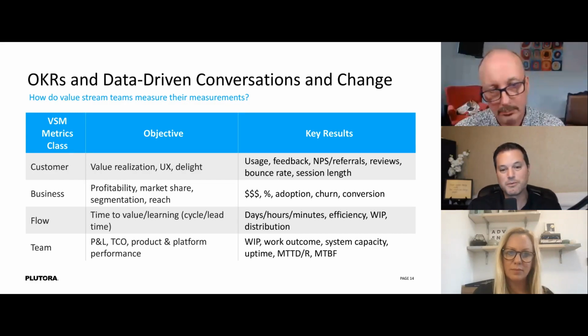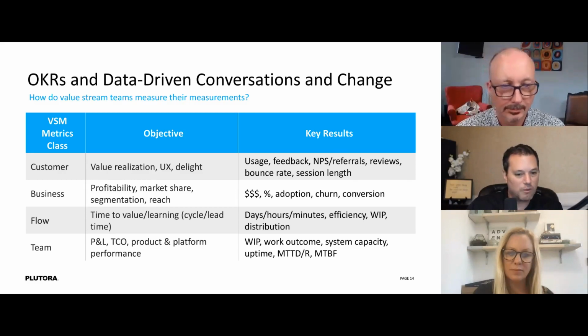How long does it take to provision environments? How long does it take to run an actual deployment? All these things are good, and they're areas where we can use for improvement, but they always have to align back into that ultimate, how does this fit to what the customer does?